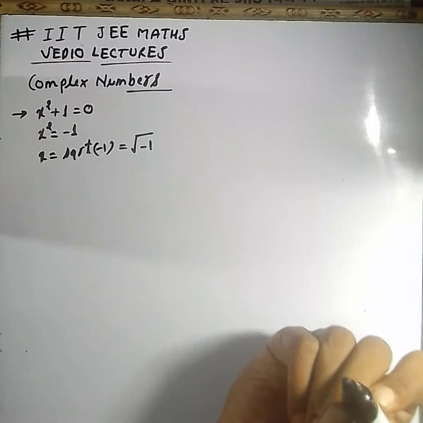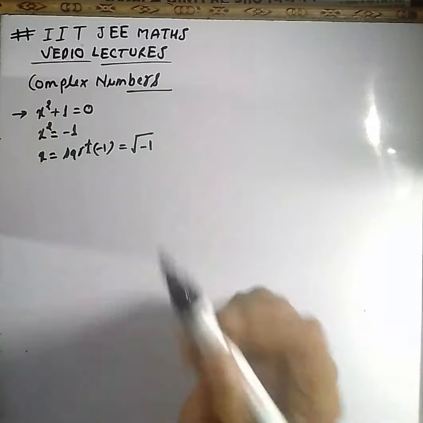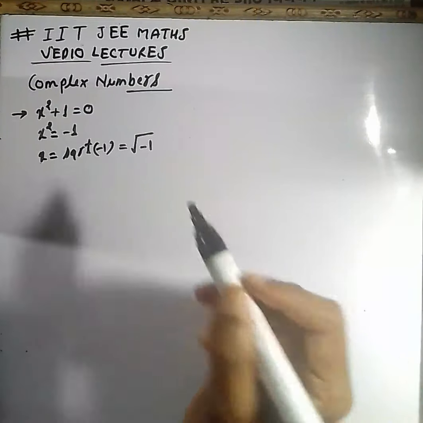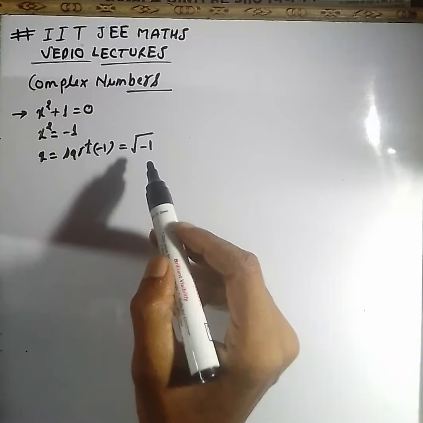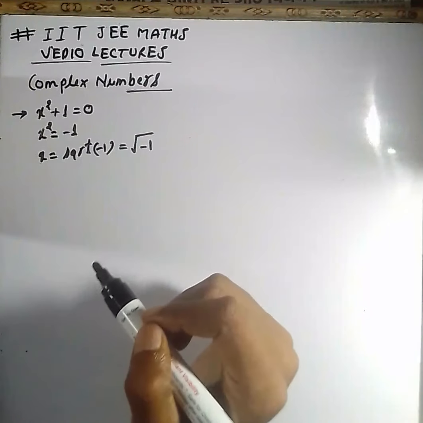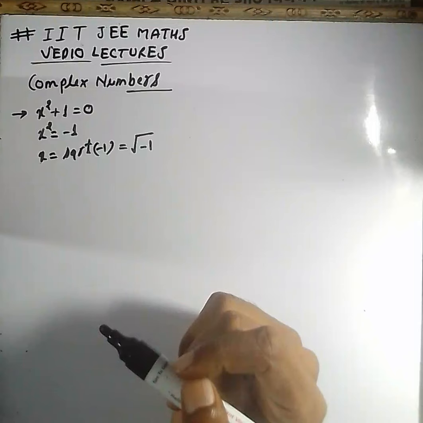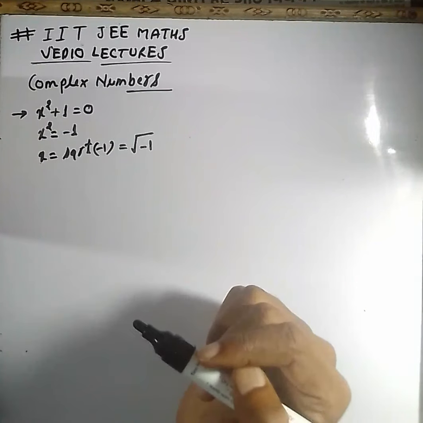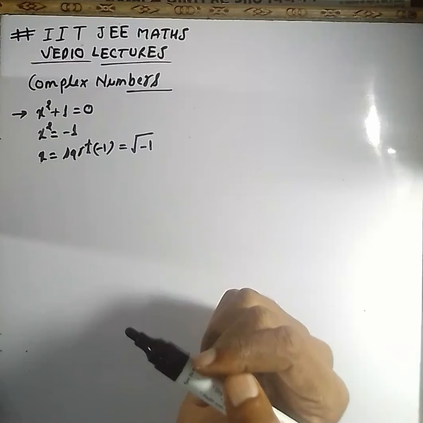Now we cannot go ahead from this point, and if we want to remove this under root minus 1, then we need to introduce one extra icon.